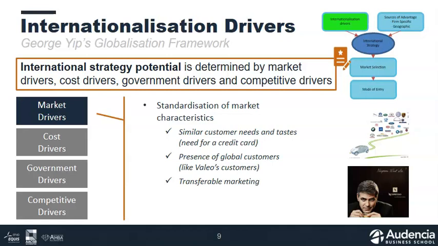We also have a standardization of marketing characteristics. While it may not be the case for all marketing, advertising and promotion, a good example would be Nespresso ads with George Clooney. This advertisement seems to be working in many, many countries. And so the market is sharing some characteristics from one market to the next.